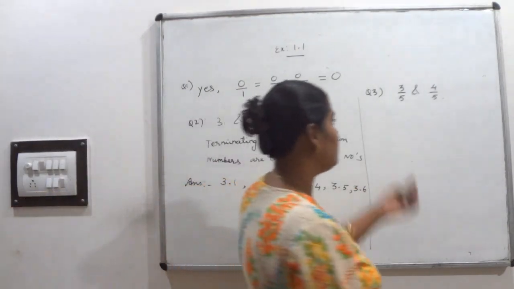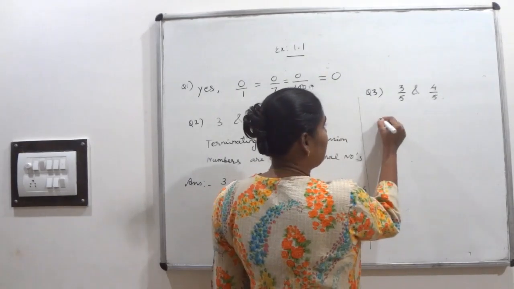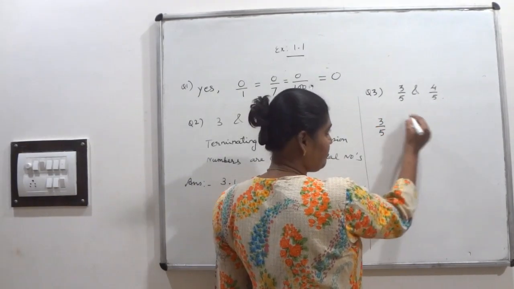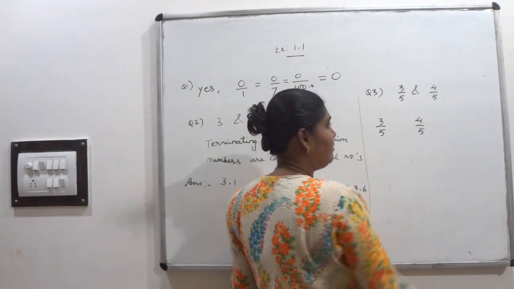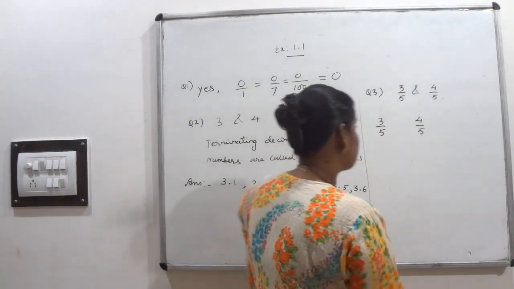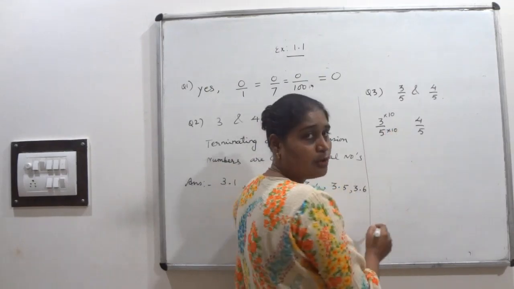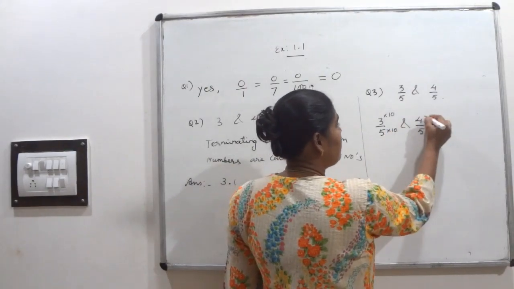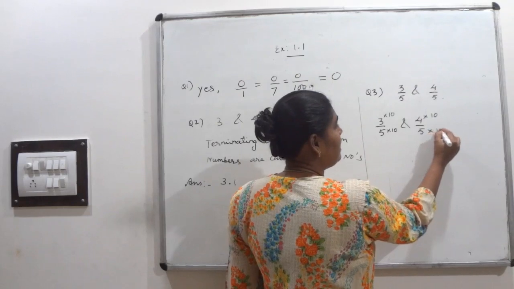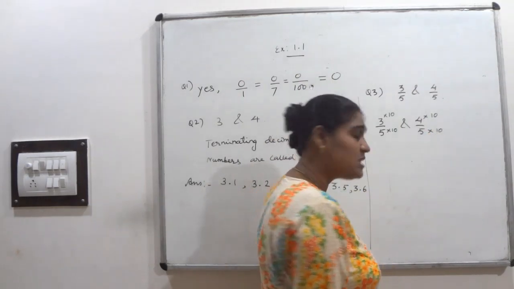From these three, anyone you can write. So here I am writing 3 upon 5, 4 upon 5. Between that I need 5 rational numbers. So I am multiplying 10 up and down so that the value will not change. The same way here also, multiply by 10 up and down.